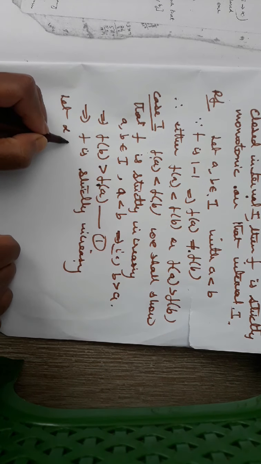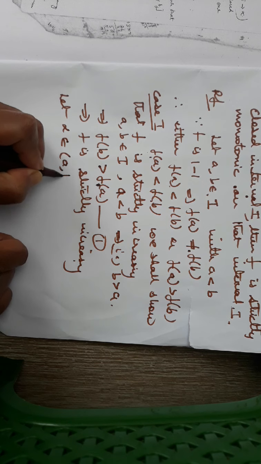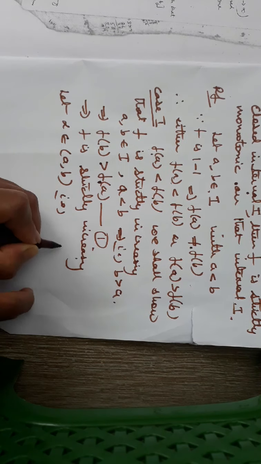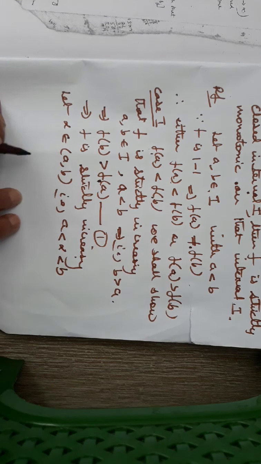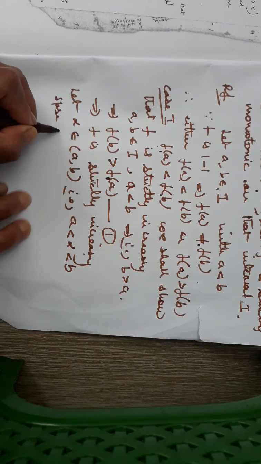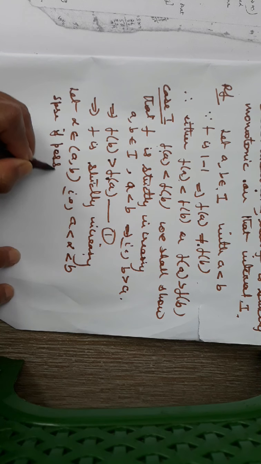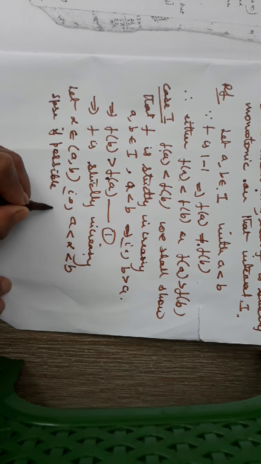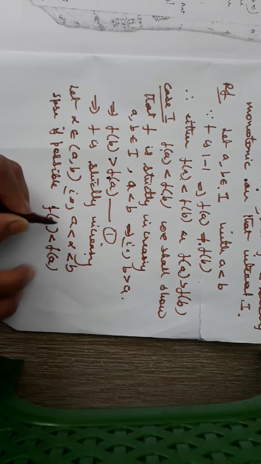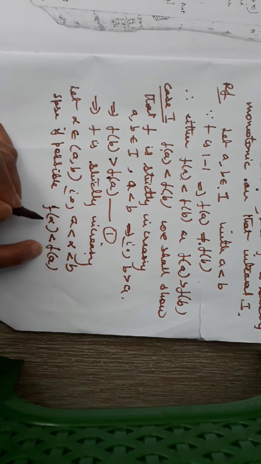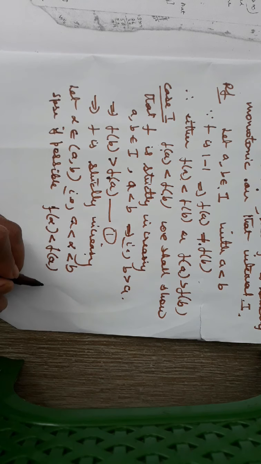So let us take alpha to be an element of this open interval AB, that is, alpha lies between A and B. And suppose, if possible, f of alpha is less than f of A, with alpha greater than A. Name it as equation 2.